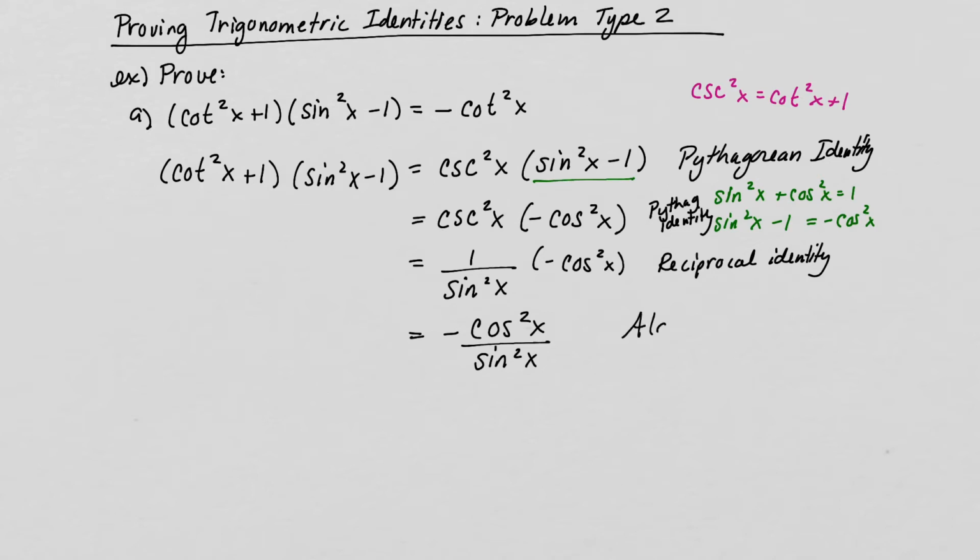And all I did here was some algebra. And then cosine squared x over sine squared x is cotangent squared. So I have minus cotangent squared x. And this is from the quotient identity. Let me try to write that correctly. Quotient identity. So I got to where I was trying to get to.